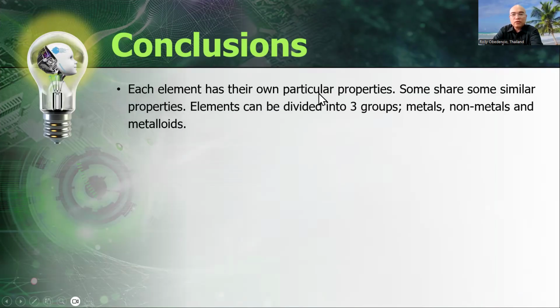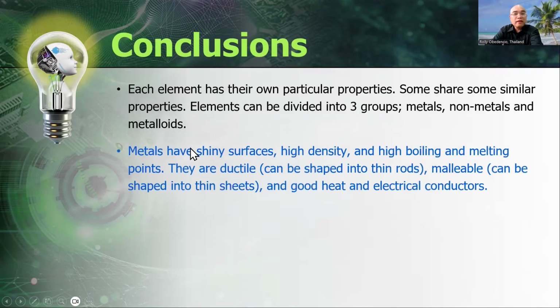Each element has their own particular properties. Some share some similar properties. Elements can be divided into three groups: metals, nonmetals, and metalloids. Remember? Metals have shiny surfaces, high density, and high boiling and melting points. They're ductile, they can be shaped into thin rods.